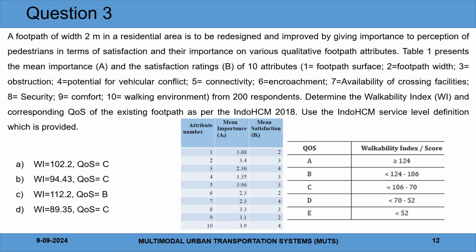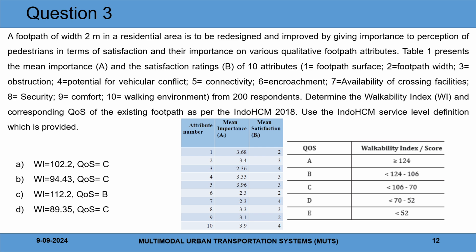Next is a numerical. A footpath of width 2 meter in a residential area is to be redesigned and improved by giving importance to the perception of pedestrians in terms of satisfaction and their importance on various qualitative footpath attributes.